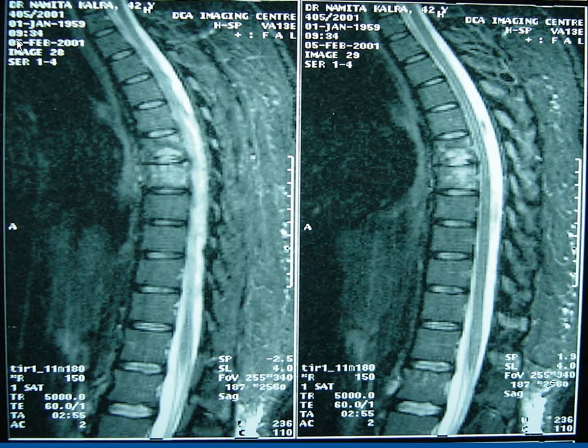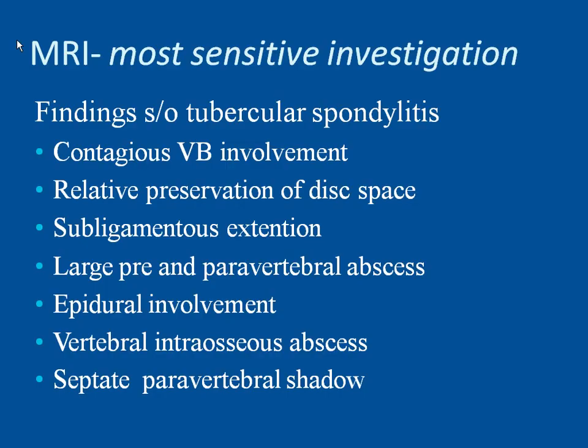And if the patient is picked up at this stage, that is an early stage, and in that stage there will be a complete resolution of the vertebrae with the drugs.